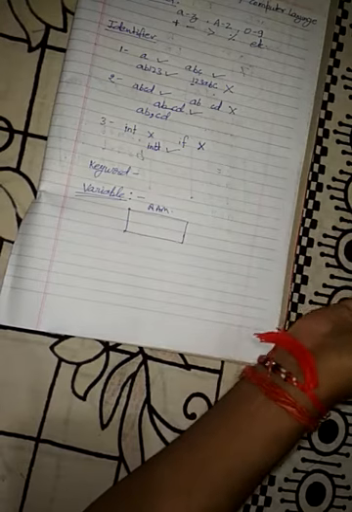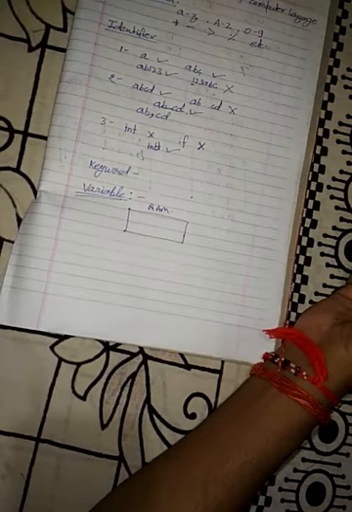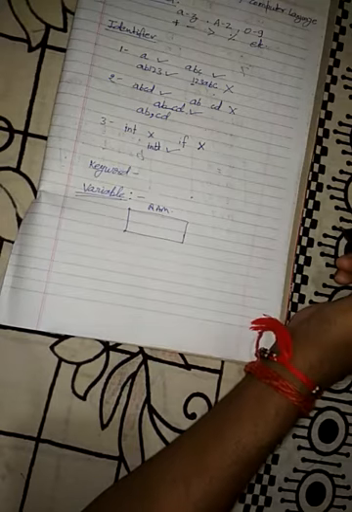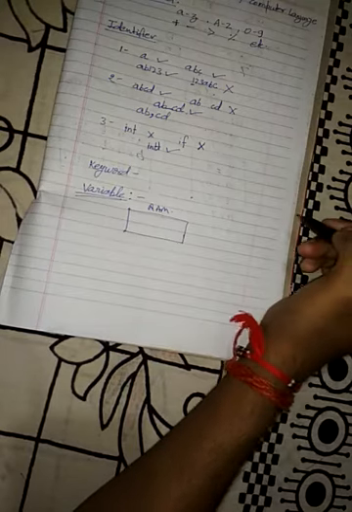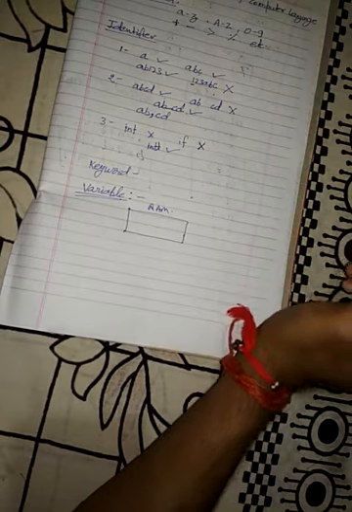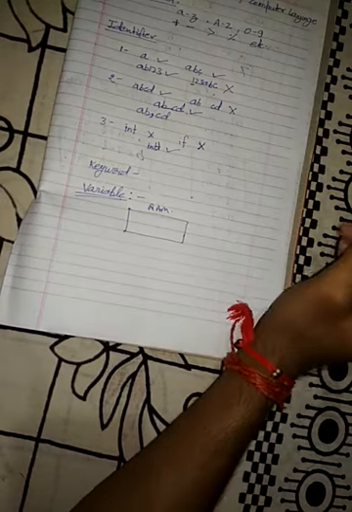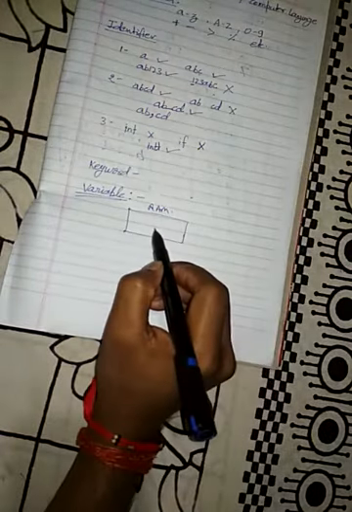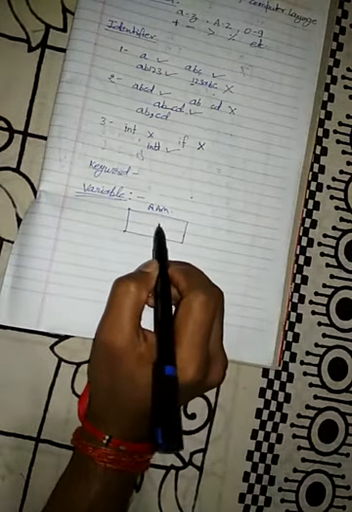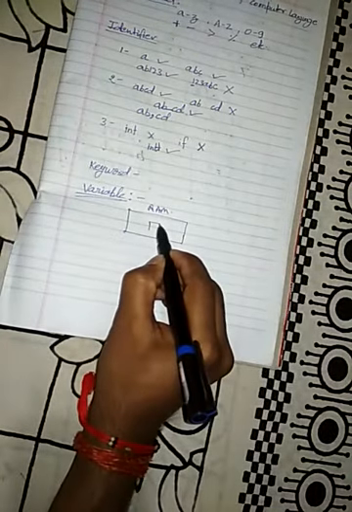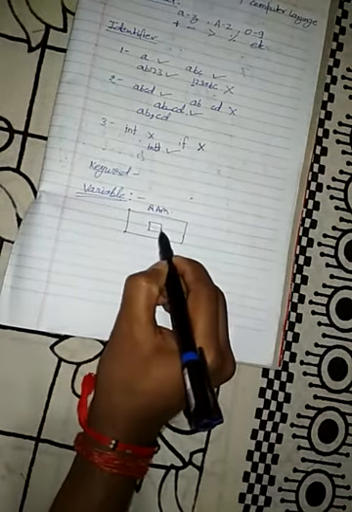If I want to store some value in my program, then there is need of variable. So we have to first take a space in this RAM. Suppose I'm taking a space in this RAM.